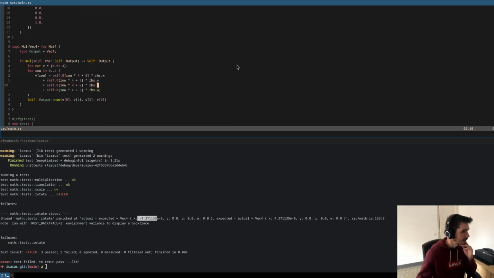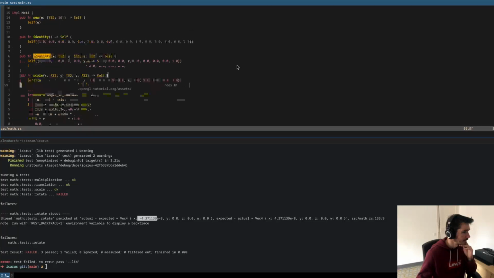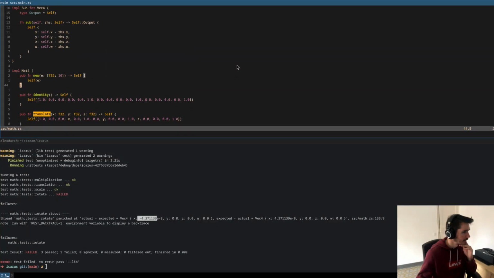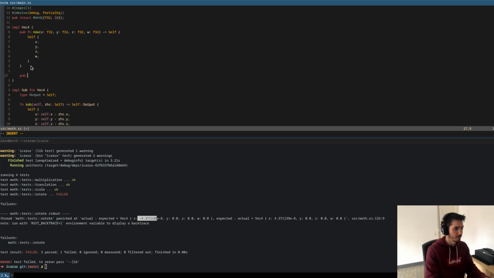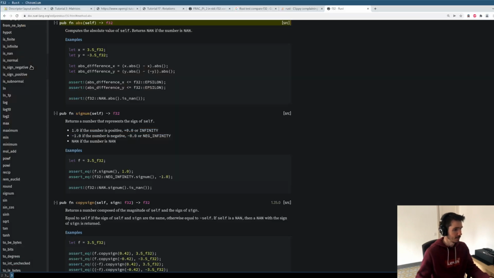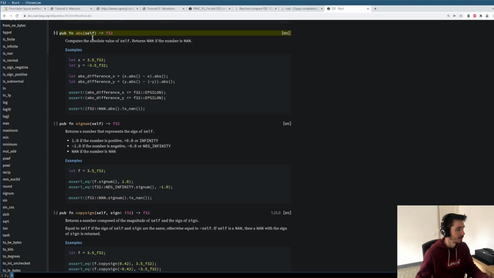I'm gonna do something which is implement abs for vector 4 the same way that abs is implemented for f32.